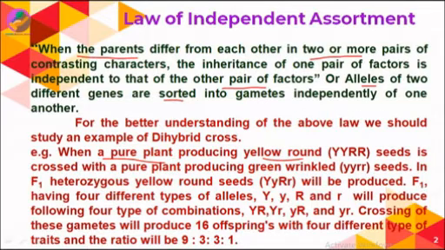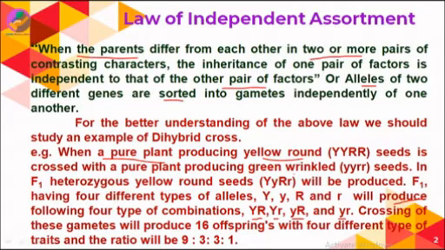F1 having four different types of alleles will produce four types of gametes: capital Y capital R, capital Y small r, small y capital R, and small y small r. Crossing of these gametes will produce 16 offspring with four different types of traits, and the ratio will be 9:3:3:1.